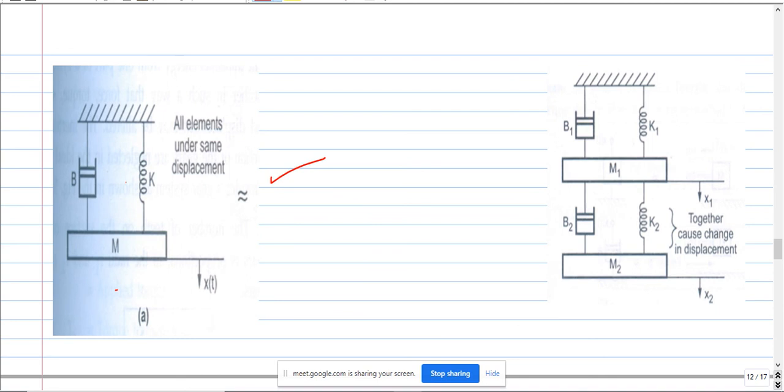Now for this sketch they have given you, let me consider this as problem number 2. Already x1 is given, fine, and x2 is also given. So now, how to write the equivalent mechanical system.